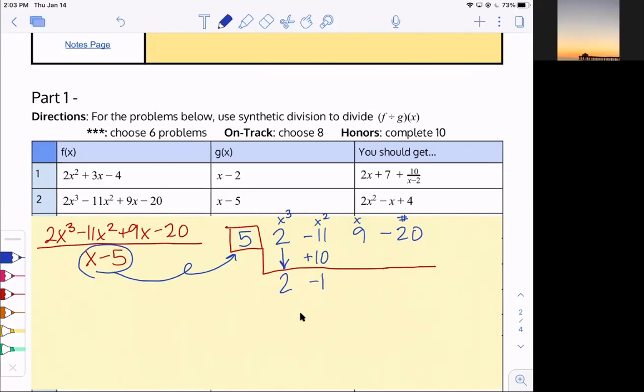You can use your calculator. Then multiplying, so 5 times negative 1 is negative 5. And then take away 5, so we'd have 9 minus 5, which is 4. So 5 times 4 would be 20.